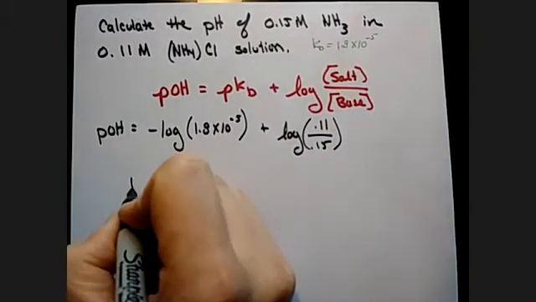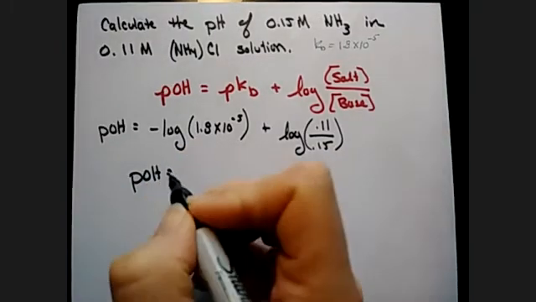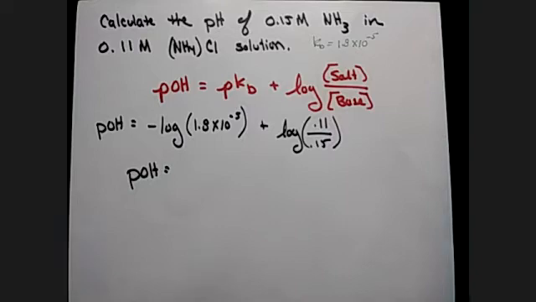Now, straight to the calculator we go. So let's take the negative log of 1.8 times 10 to the negative fifth, plus the log of 0.11 divided by 0.15.